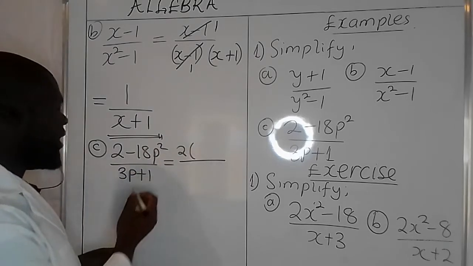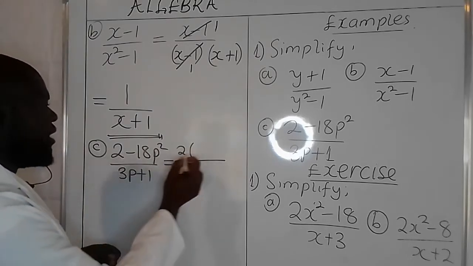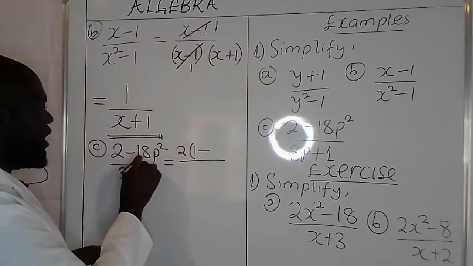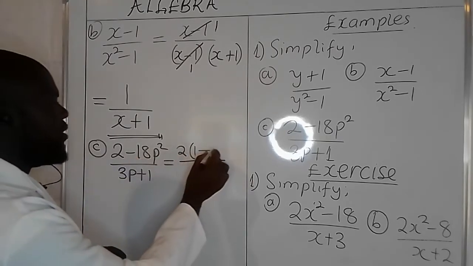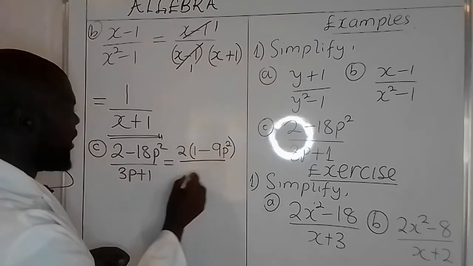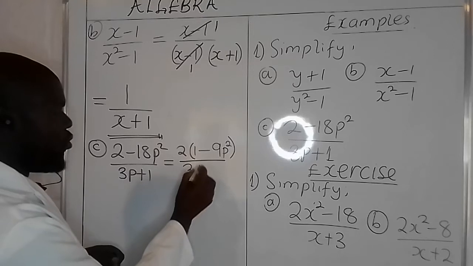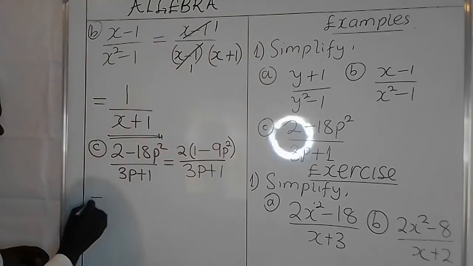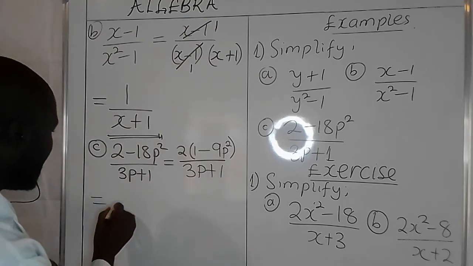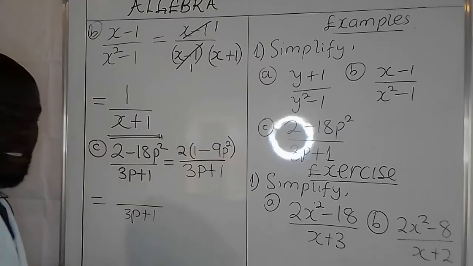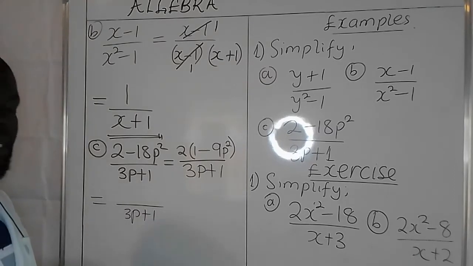So we take it outside, and here we shall remain with 1, then the minus will be maintained, and here we shall remain with 9p square. Then the denominator will also be maintained the way it is.